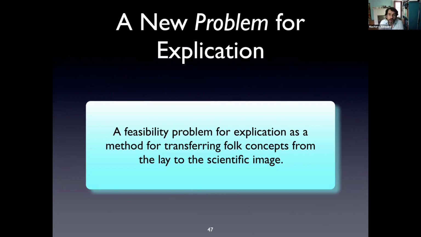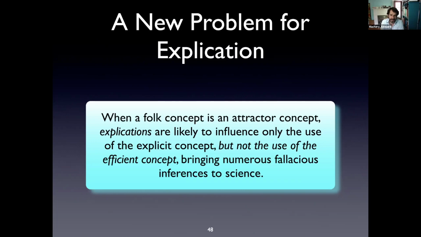So the new problem for explication is a feasibility challenge for explication as a method for transferring folk concepts from the lay to the scientific image. And the challenge or the problem is very simply the following one.